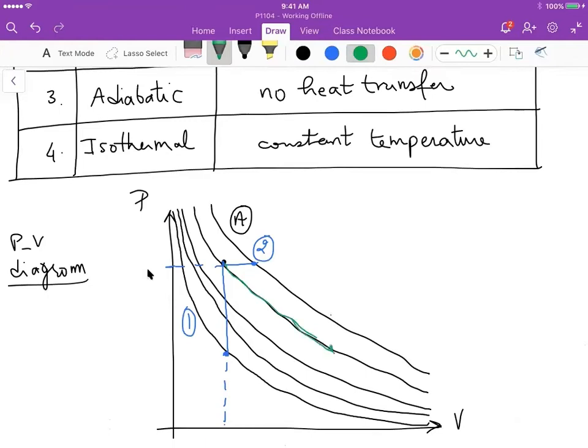Okay, so this is the path for the process number 4. And what remains is the adiabatic process.